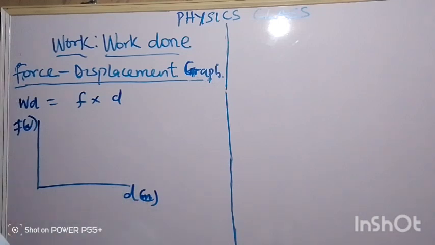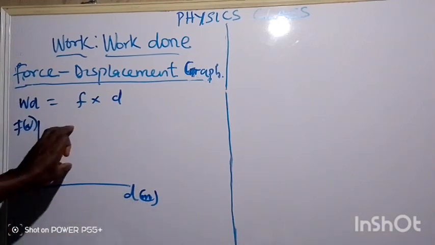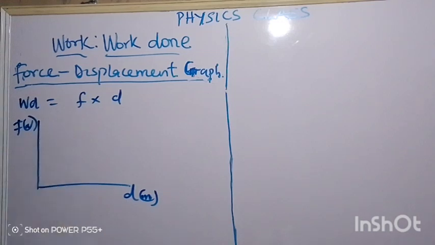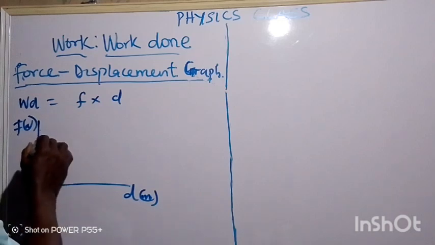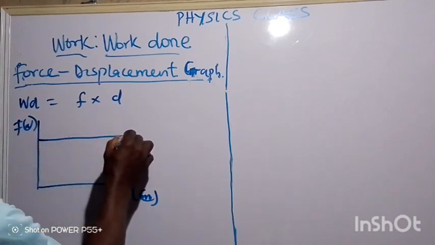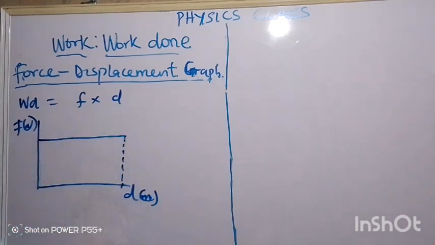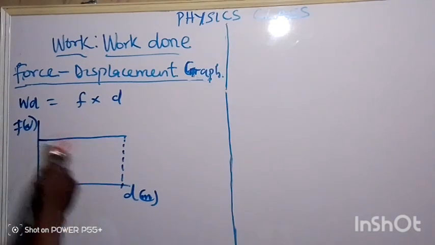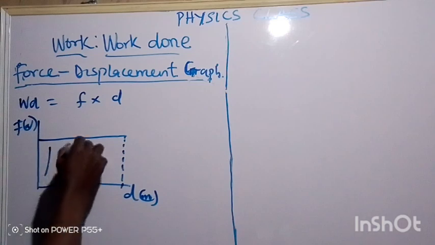When you have such a graph, it depends on the shape of the graph that will determine the work done. If the shape is in form of a rectangle, something like this, then the area under the force displacement graph, that is this area now.